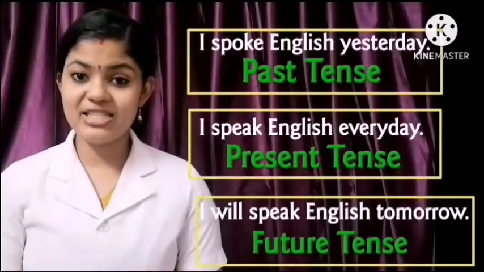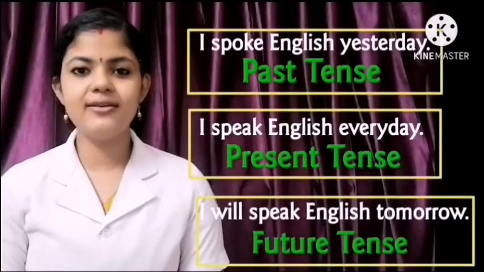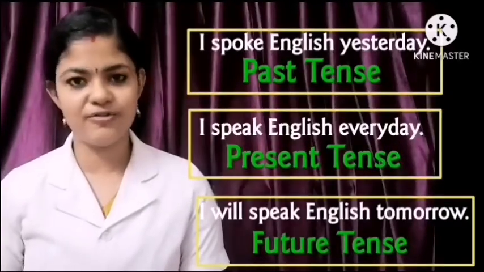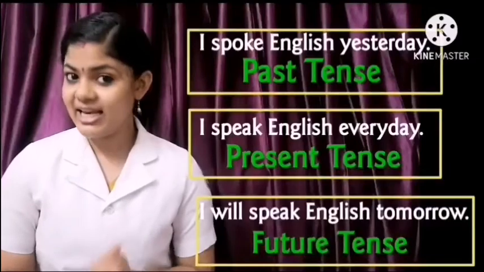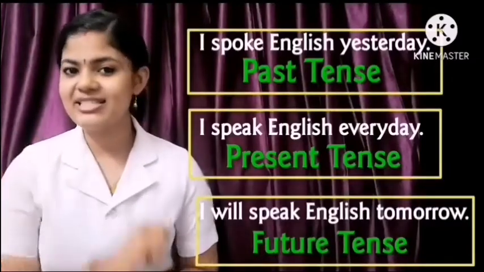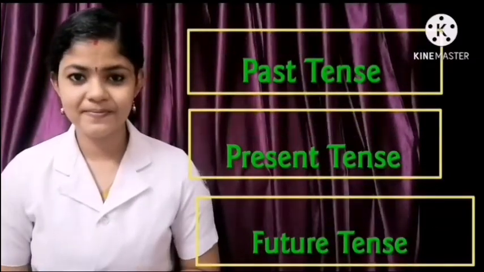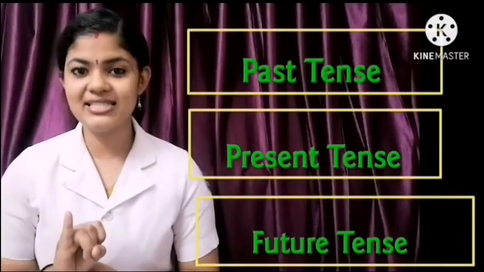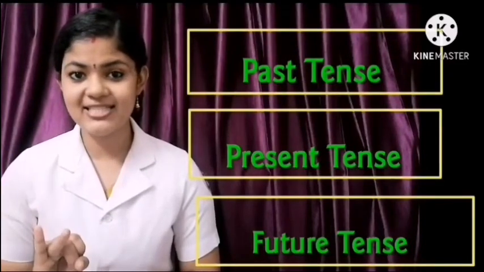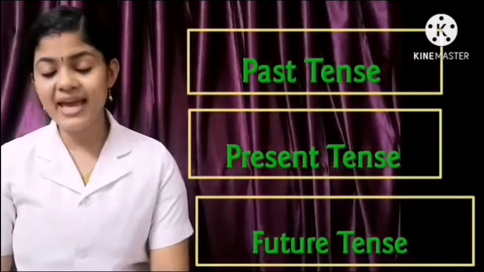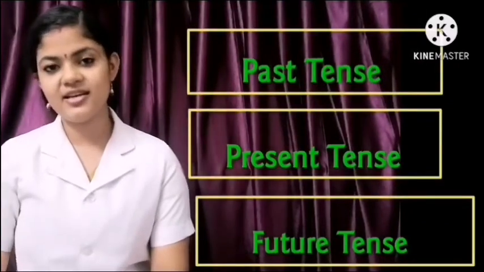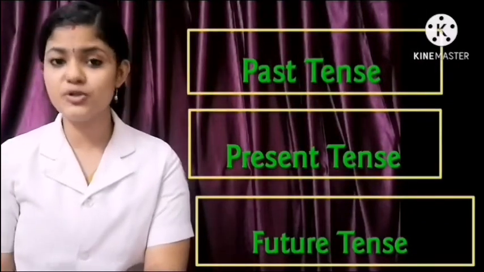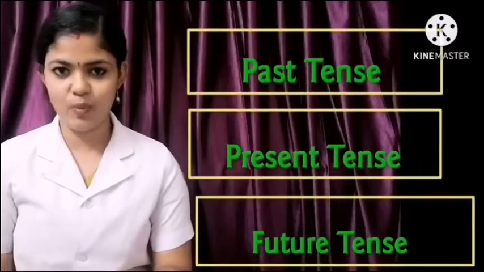So this verb tense shows how an action is related to the flow of time. So children, in English mainly there are three tenses. Which are they? Past tense, present tense and future tense. These are the basic tenses in English. There are subsections also, but this is the basic one.